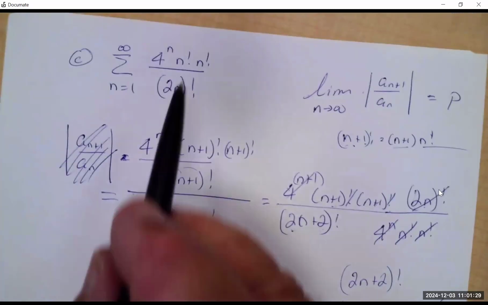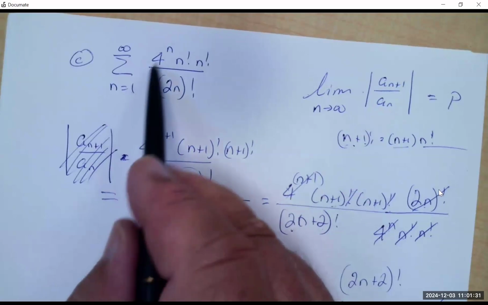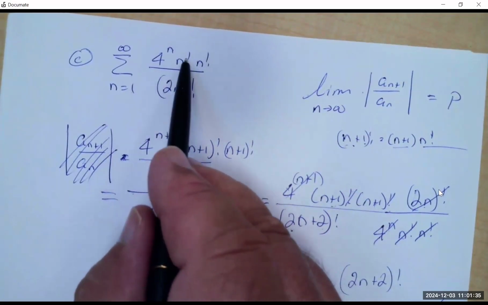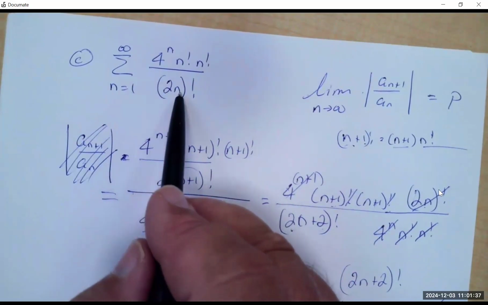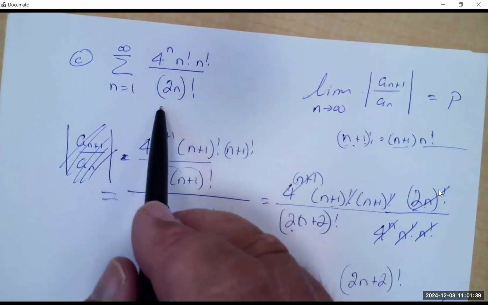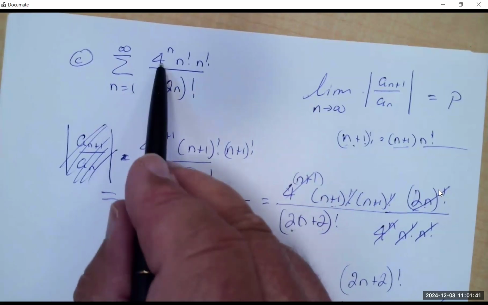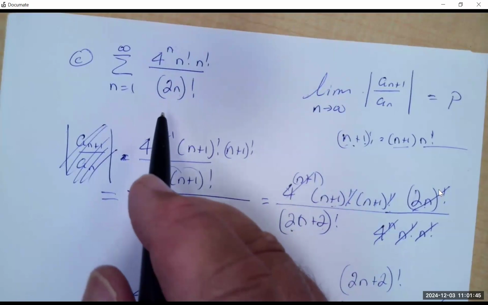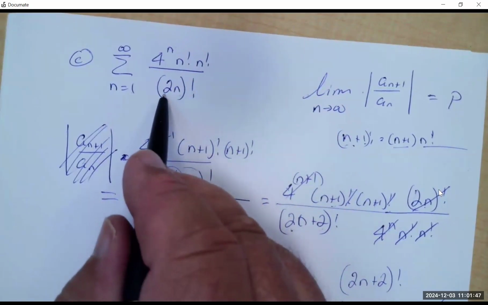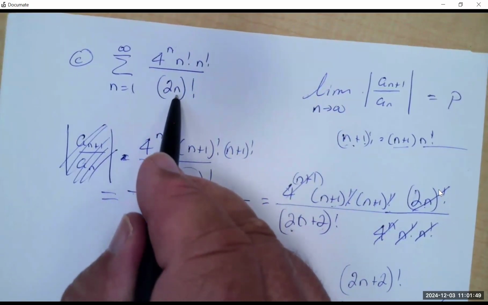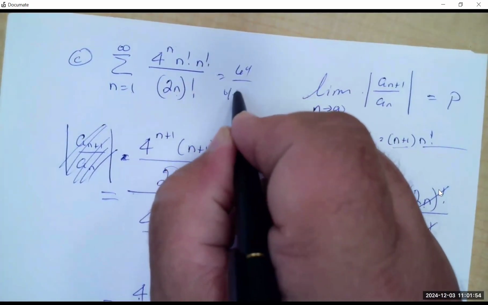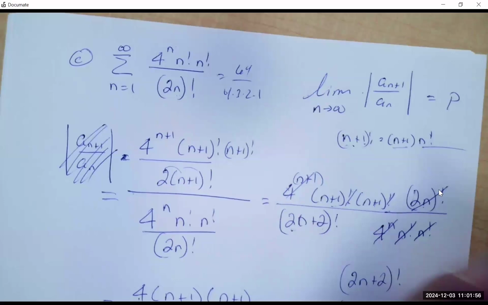Don't believe me? Plug in the values. 4 to the power 1 is 4 times 1 times 1. 2 to the power 1, 2 times 1. 4 divided by 2 is 2. Now when n is 2, that's 16 times 2 times 2. There's 64. 64 over 4 times 3 times 2 times 1, which is factorial.